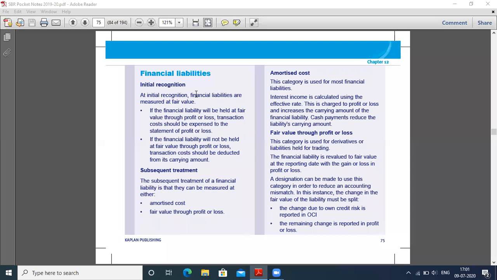Now, if the financial liability is held at fair value through profit or loss account, transaction cost should be expensed.